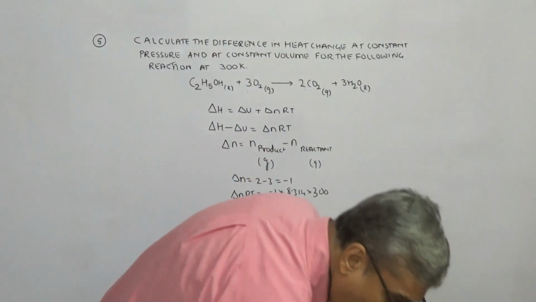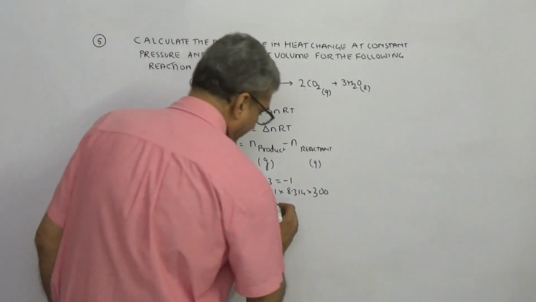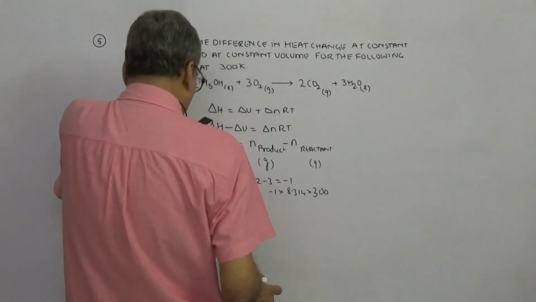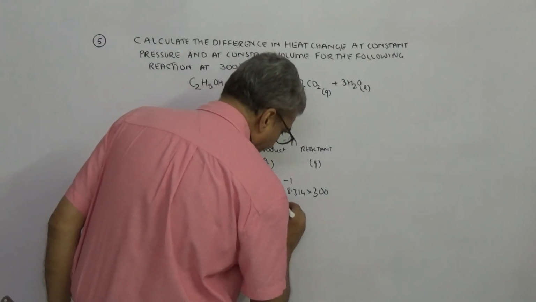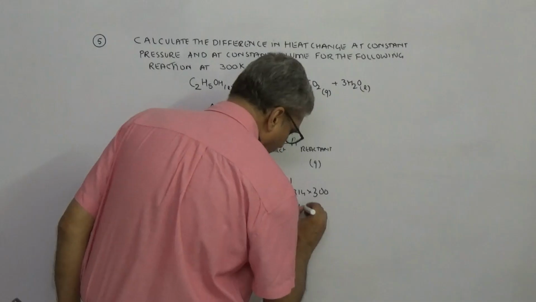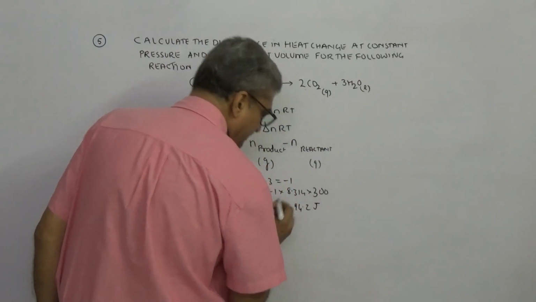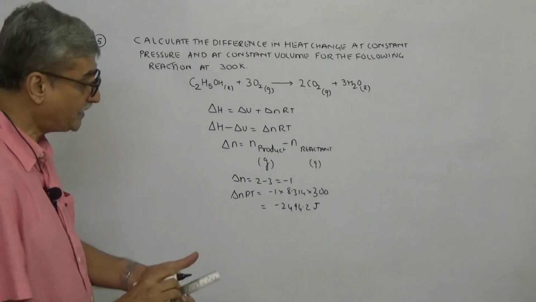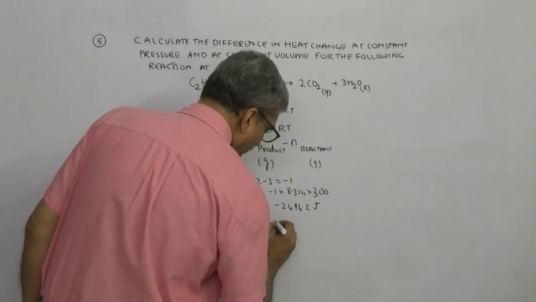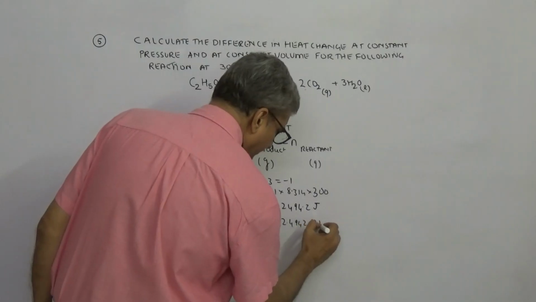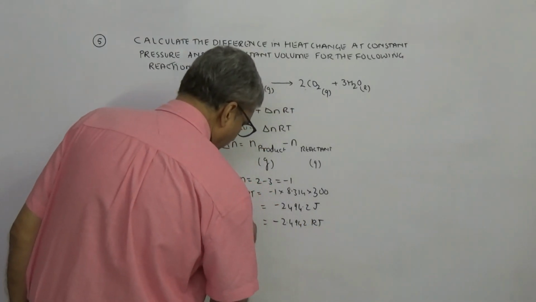That means it's 2.494. It's minus 2494.2 joule, because R is 8.314 joule per Kelvin per mole. So that will be equal to minus 2.4942 kilojoule. So this is the answer.